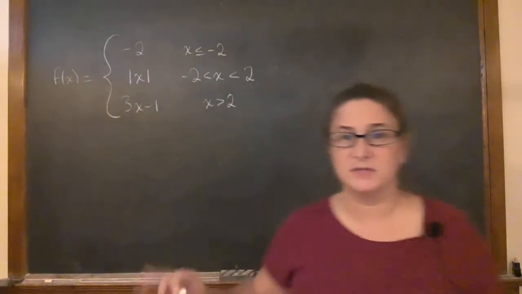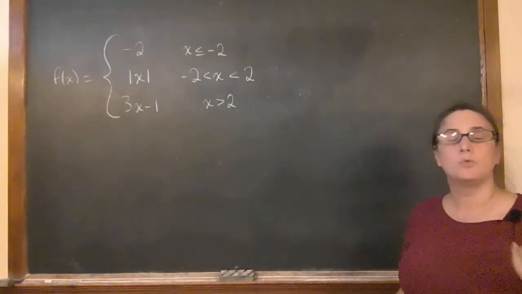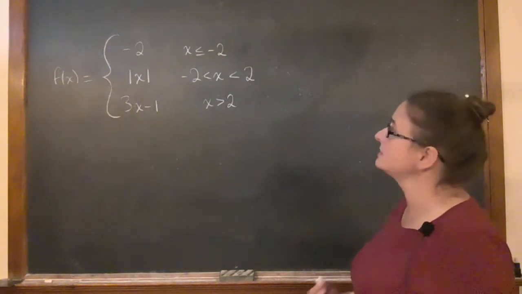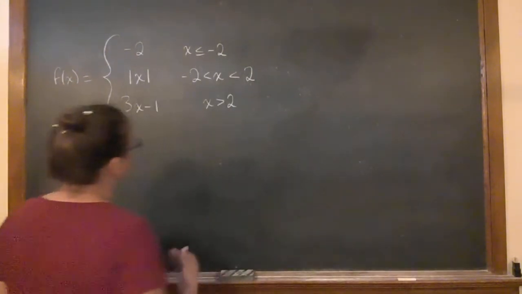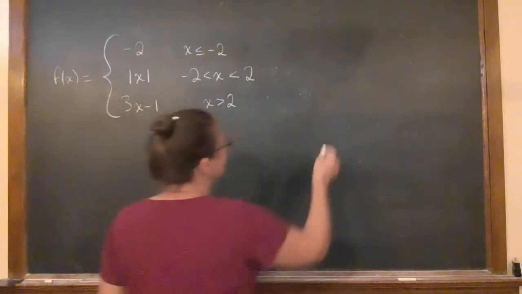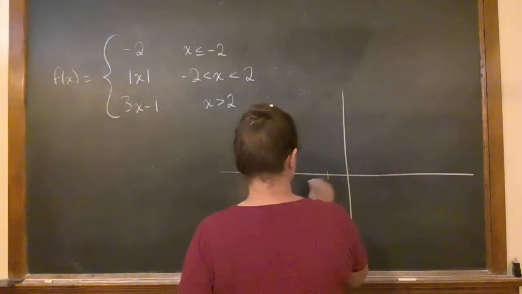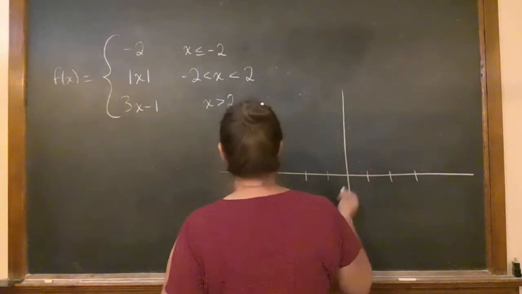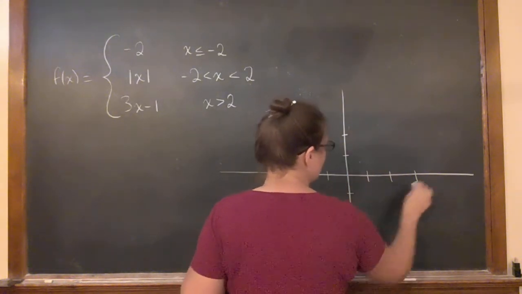Here's our algebraic definition, and we're going to graph it so that we have the visual definition, and then we'll talk about some of the features of this graph. As I said, we're going to assume that the domain is as much as it can be. So I'm going to go negative infinity to infinity, more or less here. And I'm going to think about what this function looks like on these different parts.